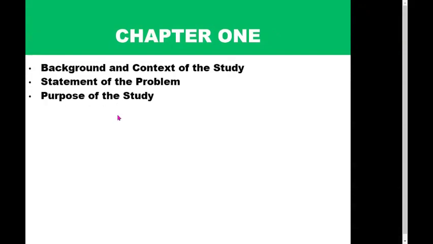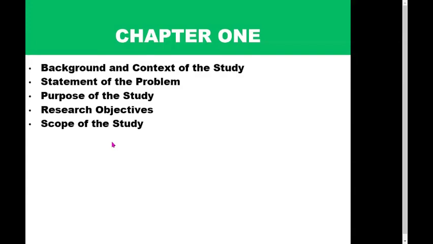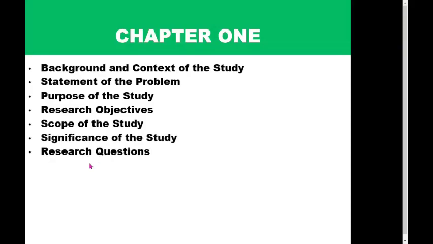Then you have purpose of the study. And then you have research objectives, scope of the study. Some people include scope and limitations of the study. Significance of the study, research questions. There are questions, and then hypothesis.